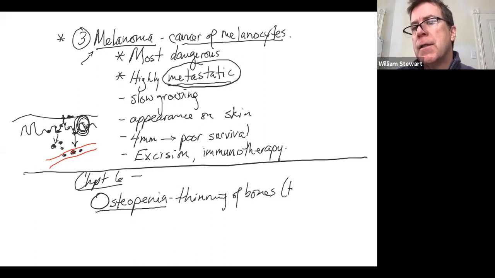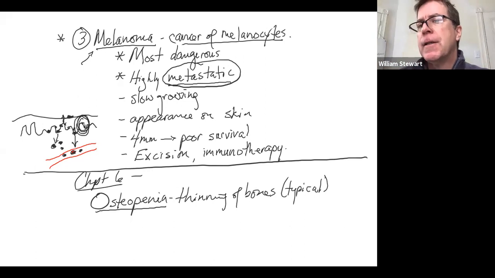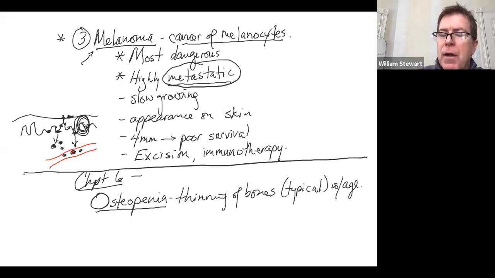And I'm going to write the word typical because it is fairly normal. All of us, our bones start to thin in mid to late life. I'm going to write with age. So just remember that osteopenia is a normal condition that comes with age.